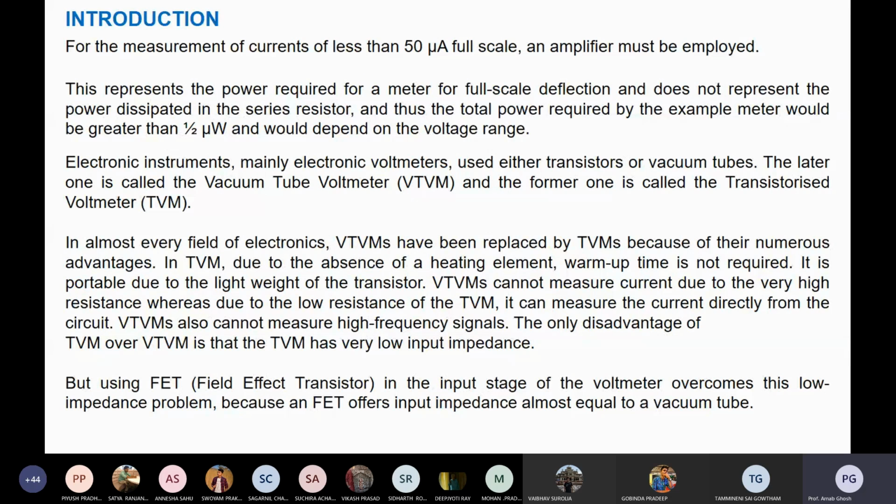Some of the disadvantages I have already discussed, and I think all of you have gone through these points and prepared your class note.